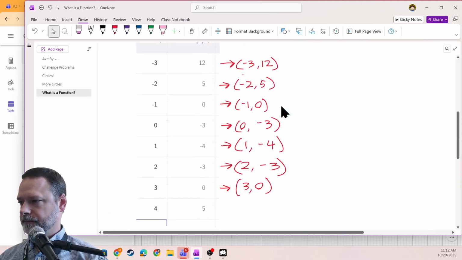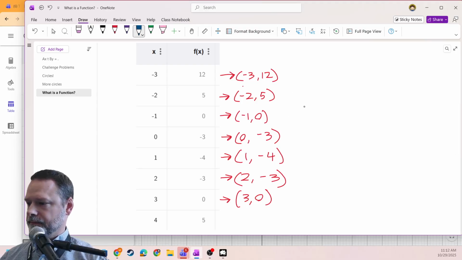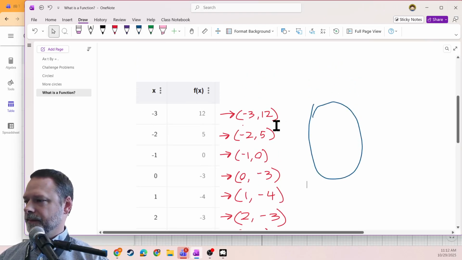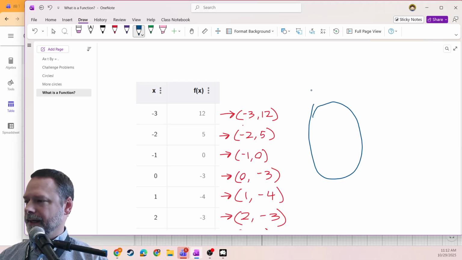Okay? So if we were to look at this, one way we could do this is we could look at our input or our x values.